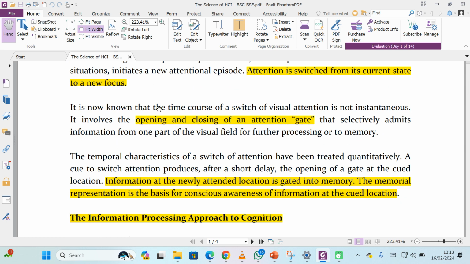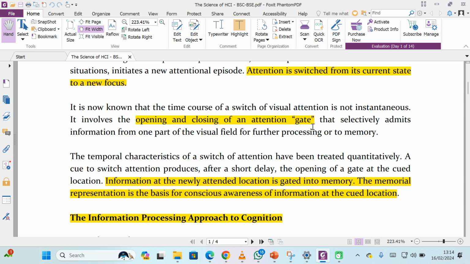Now, it is known that the switch of visual attention is not instantaneous. So for you to switch from one web page to another, it is not instantaneous. What happens is that there is an opening and closing of what we call the attention gate. The moment your brain is captured by a new action, you open your attention gate.